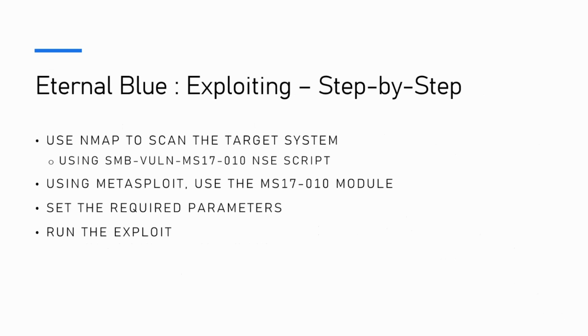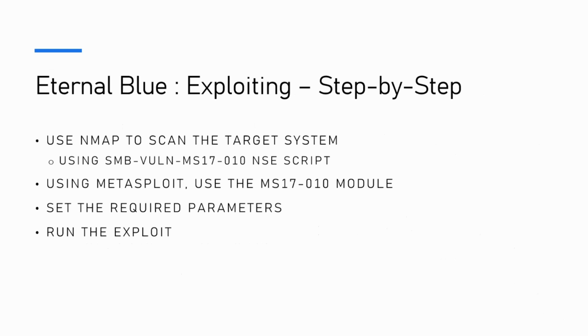So to exploit EternalBlue, it is fairly simple. You can use Nmap to scan the target system, and more specifically, you'll use the EternalBlue Nmap scripting engine script, as you see there, smb-vuln-ms17-010. That will scan specifically for EternalBlue vulnerable machines.